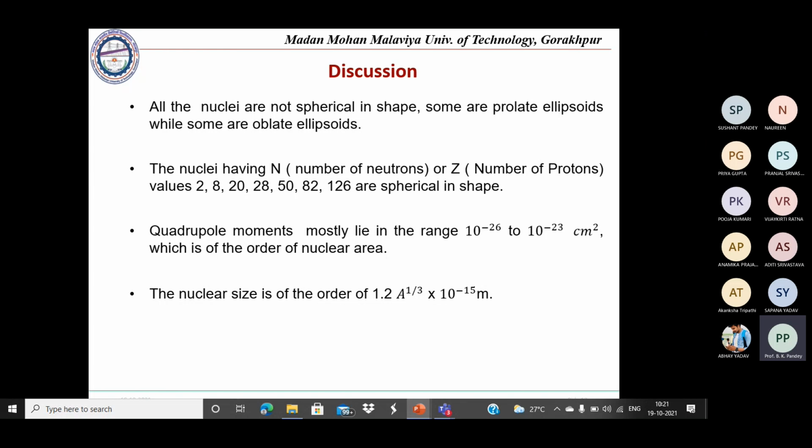Some more discussion we will have for the quadrupole moment related to the quantum mechanical treatment of the departure of the nucleus from its spherical shape, and in the same lecture we will have the additional content of parity related to the nucleus. So parity and the quantum mechanical discussion related to the quadrupole moment we will discuss tomorrow.